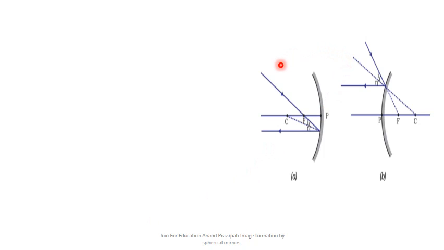Now let us consider these two figures. This one represents the concave mirror and this one represents the convex mirror. A ray passing through the principal focus after the reflection becomes parallel to the principal axis in case of the concave mirror, as well as in case of the convex mirror, a ray directed towards the principal focus becomes parallel to the principal axis after reflection.